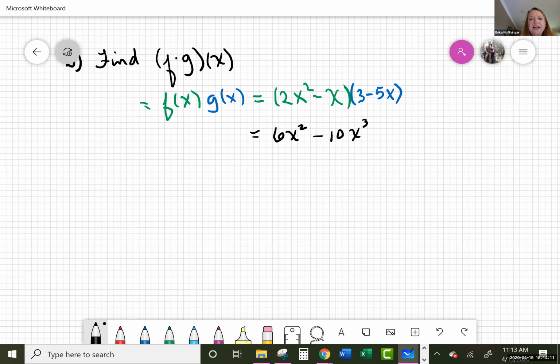Now distribute your negative x, so negative x times 3 is minus 3x, and negative x times negative 5x, that's positive 5x squared. So rewriting it and combining like terms, I have a negative 10x cubed, I have a 6x squared plus a 5x squared, that gives me 11x squared, and then I have a minus 3x.